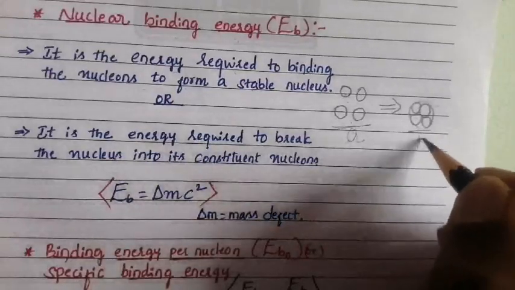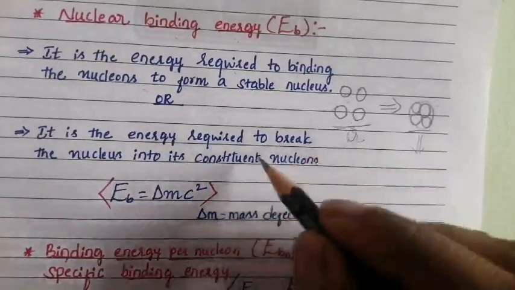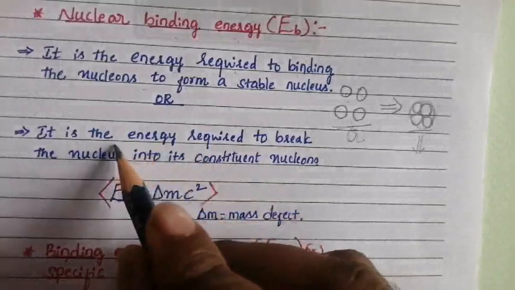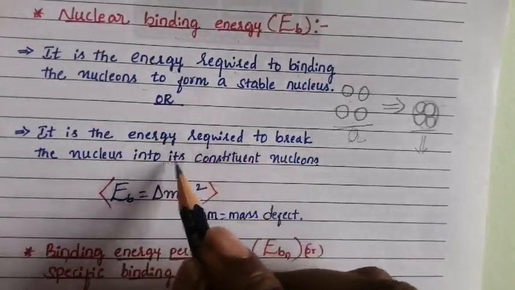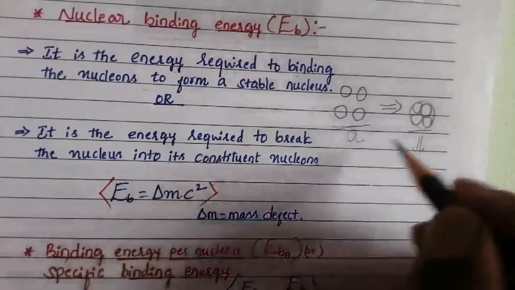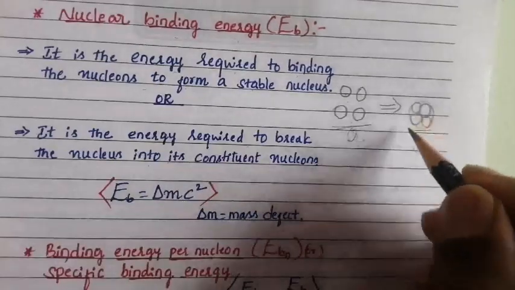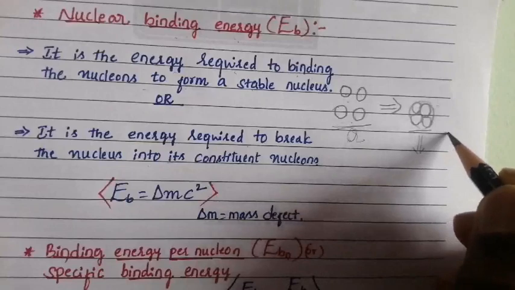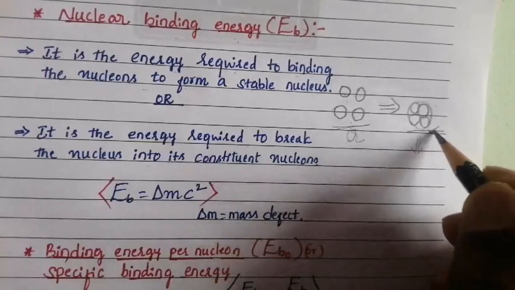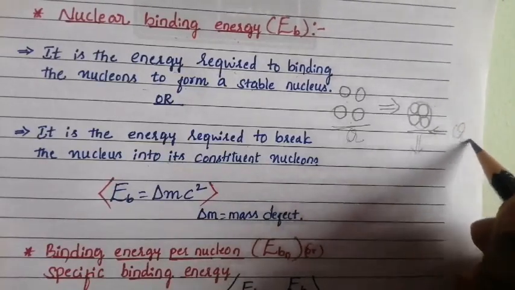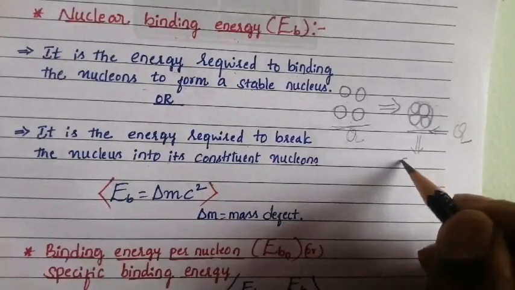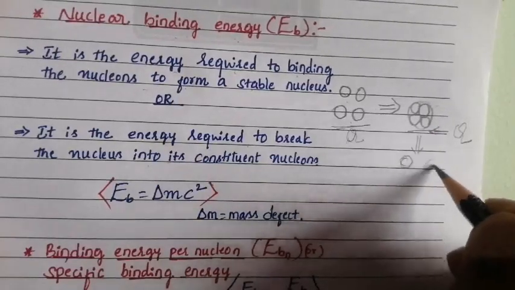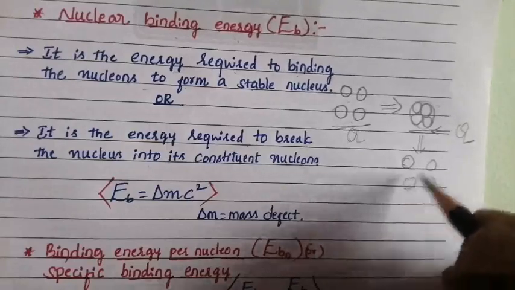Also, this can be explained like this. It is the energy required to break the nucleus into constituent nucleons. So this is the stable nucleus. I want to break this nucleus. I want to supply some heat energy. Then this nucleus is separated into 4 individual nucleons.